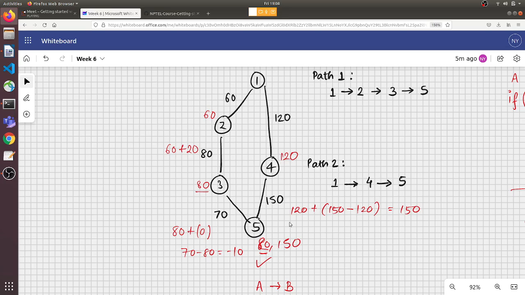So then, how will you solve? I mean, how will you enumerate all of these paths? Because I think you need to look at all the paths, right? So how many paths are possible?